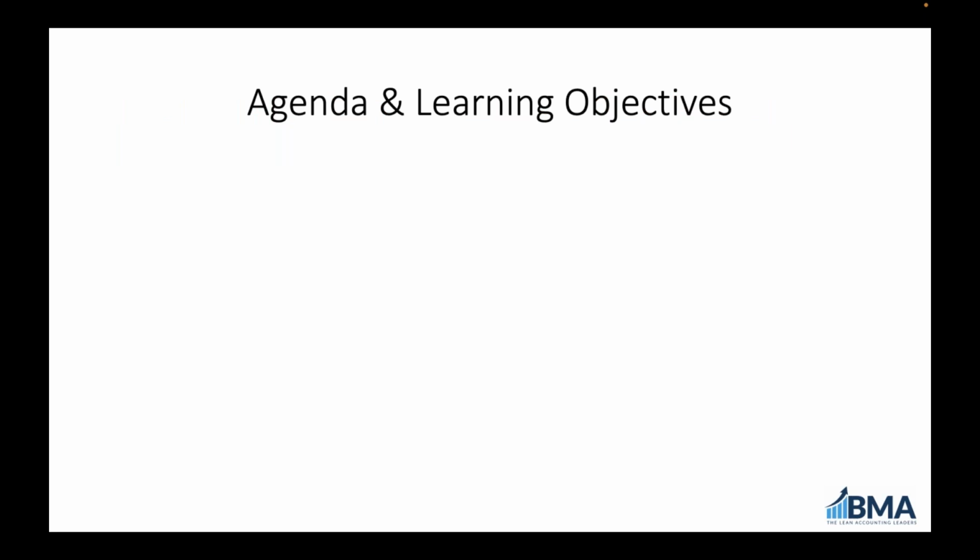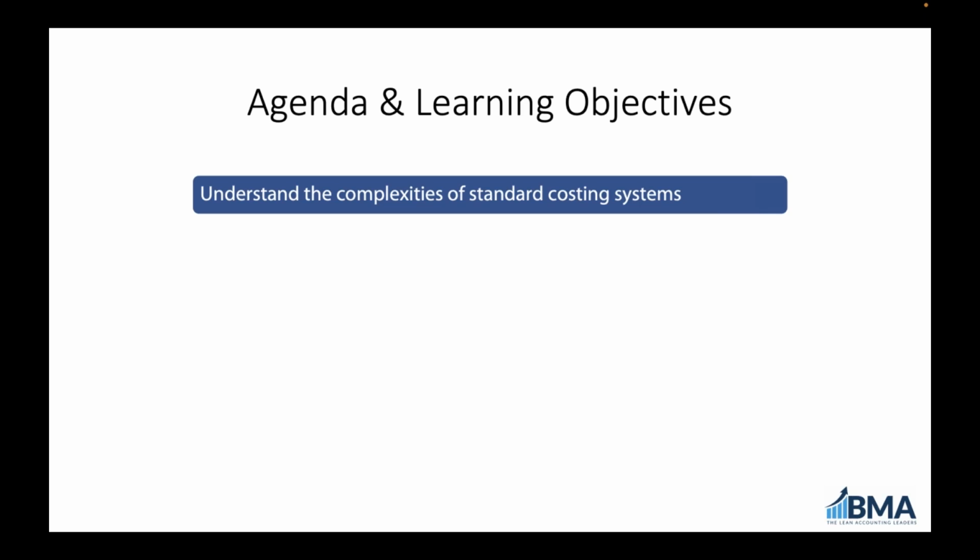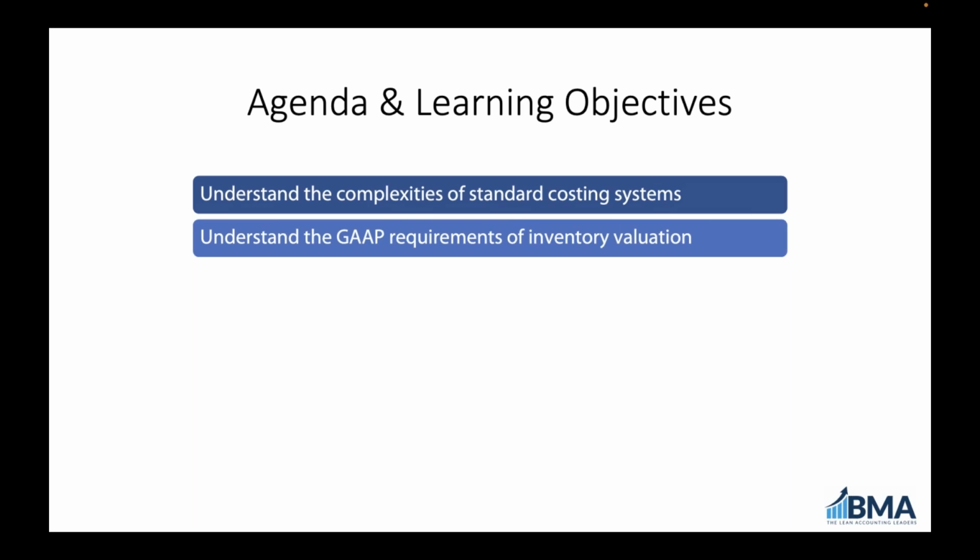All right, so let's review the agenda and learning objectives. One is to understand the complexities of standard costing systems. Second, I'm going to explain what generally accepted accounting principles say about inventory valuation.